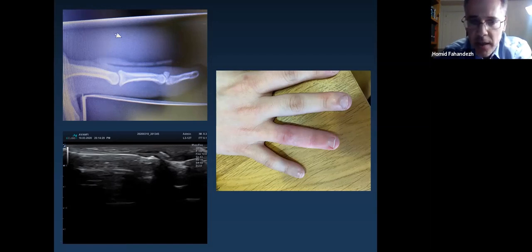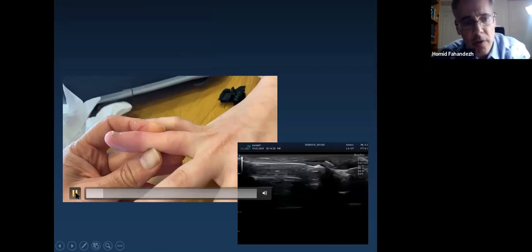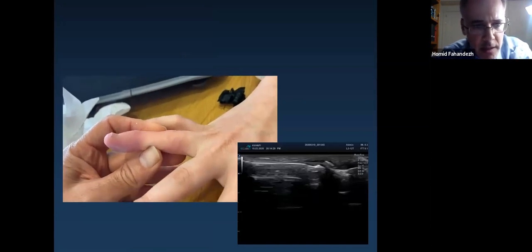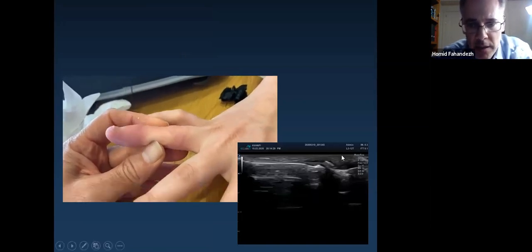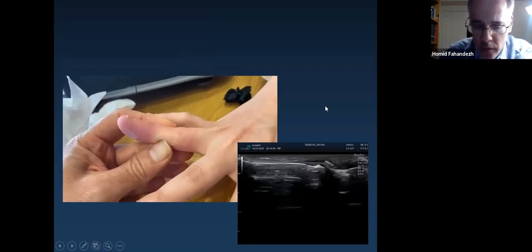So we can say very clearly to the patient at 4 weeks with this ultrasound, move, don't worry, you don't need to wear the splint 4 weeks more, and you can start your active flexion mobility, because we are sure that the fibrosis is enough to allow the movement.